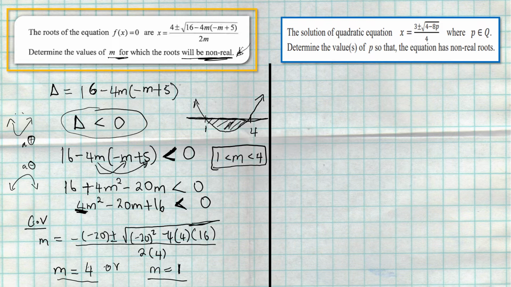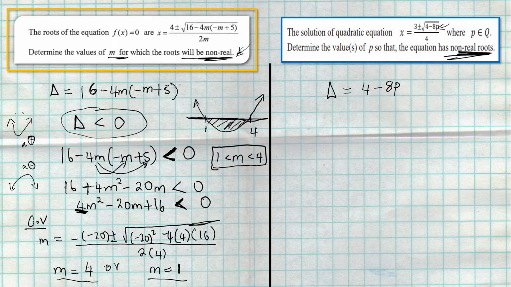It's basically quite the same question, just that here they're using p. So same also, we need to determine our delta. What is your delta? It's something inside the square root there. It's 4 minus 8p. Can you see?